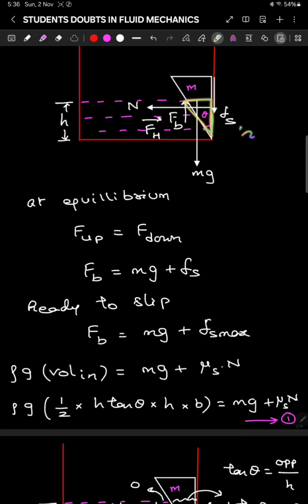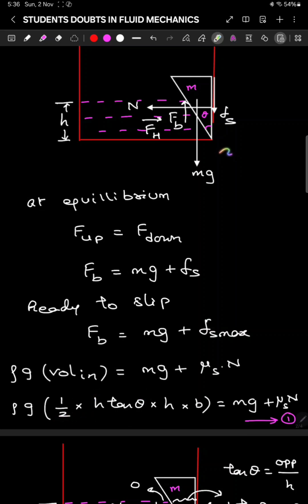Area of this part is half into base. This base we have to find. From this right angle triangle, this is h. Then this can be found as tan theta equal to opposite side by adjacent side h. This opposite side we can find as h tan theta.